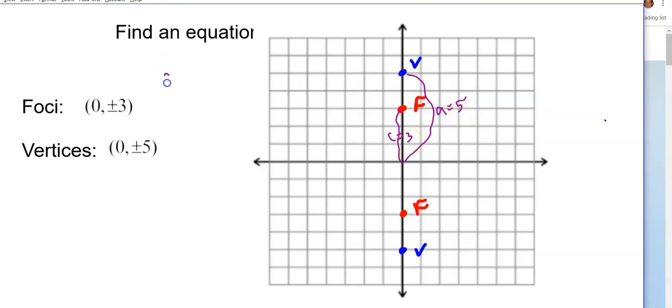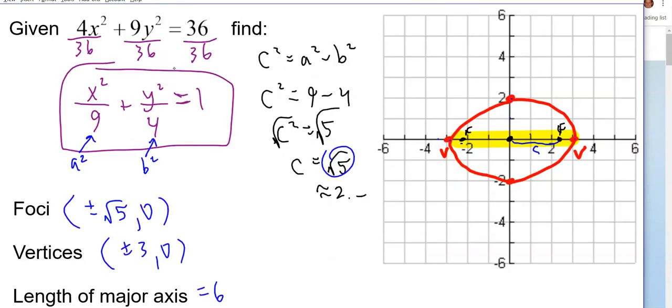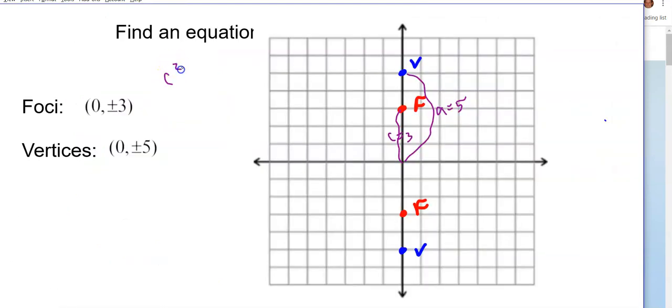So let's use our formula. c squared equals a squared minus b squared. So c squared is 9 equals a squared, 25, minus b squared. So I'm going to solve that. We get b squared equals 25 minus 9, which is 16.